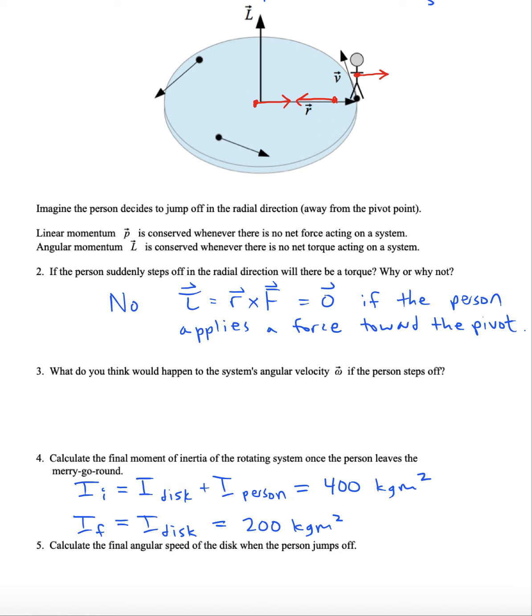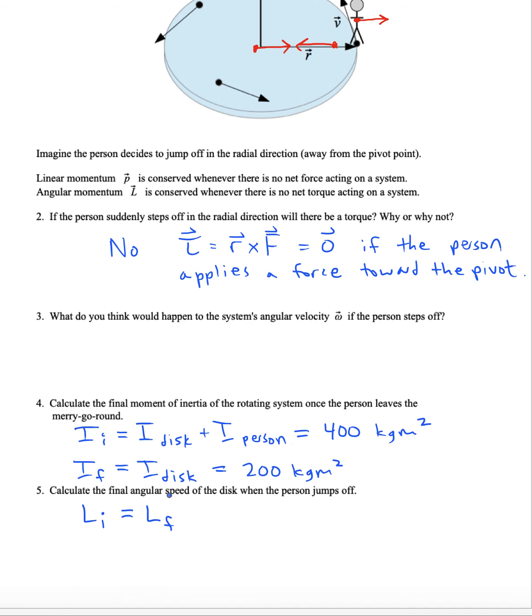Now let's calculate the final angular speed of the disk when the person jumps off. How do we do this? Well, we have to use the idea that angular momentum is conserved. The initial angular momentum has to equal the final angular momentum. Now we can replace L with I times omega on both sides.